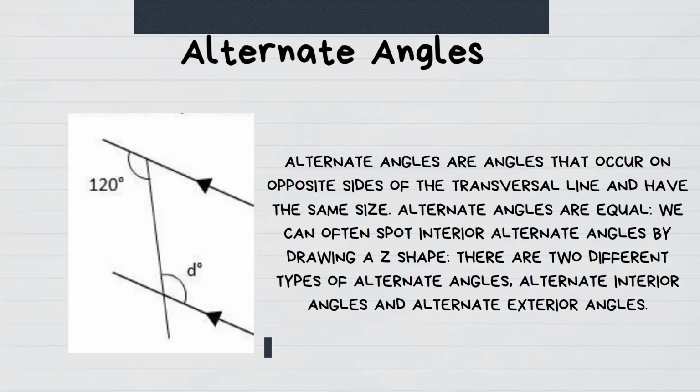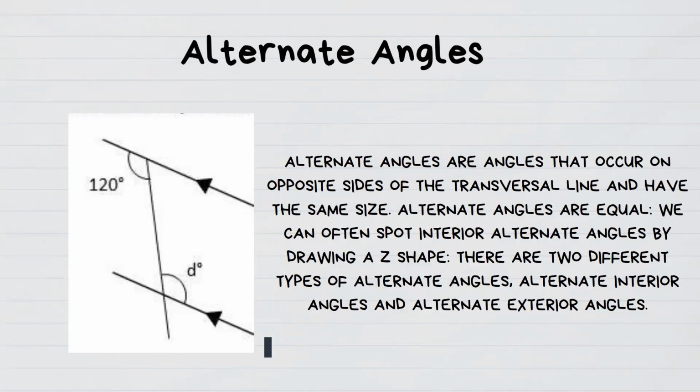And the next slide, I'll be talking about the alternate angle. I apologize for the error. I'll be talking about it more now. Alternate angles are angles that occur on opposite sides of the transversal line and have the same size. The alternate angles are equal.